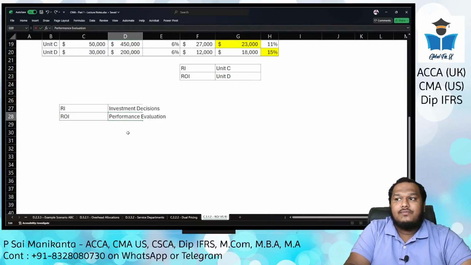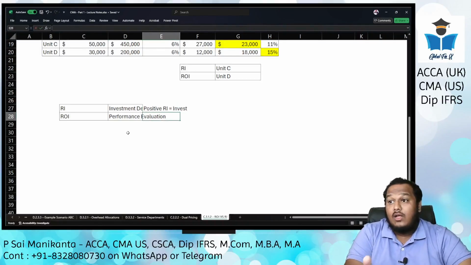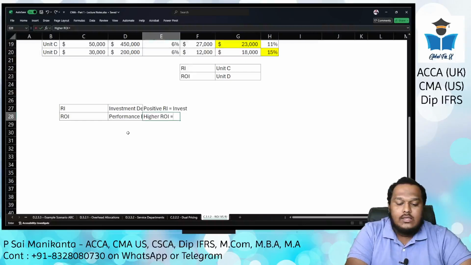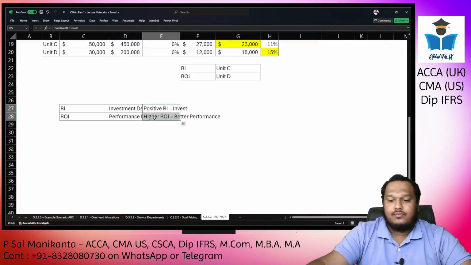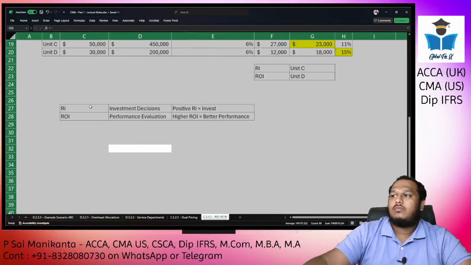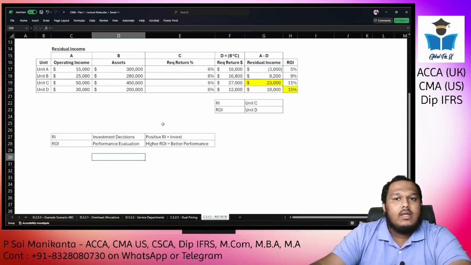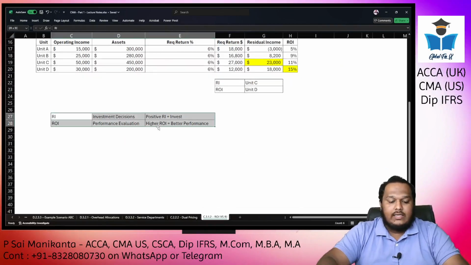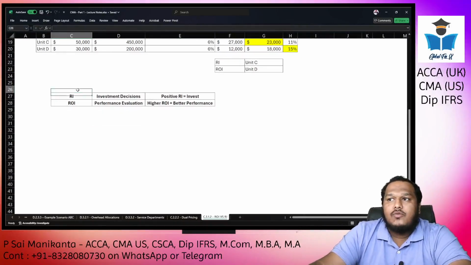Investment decision means positive RI. If any unit is giving a positive RI, invest. Simple. ROI. Higher ROI is equal to better performance. I hope you got the complete story with this table.